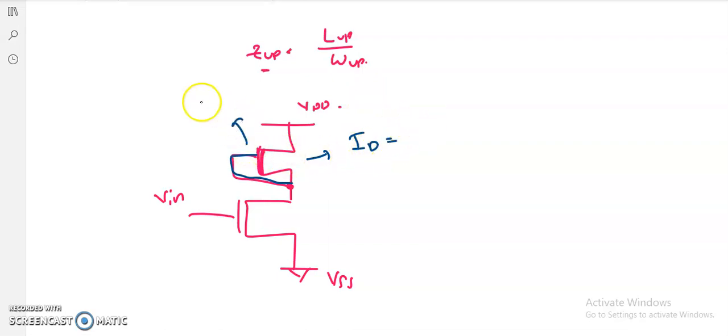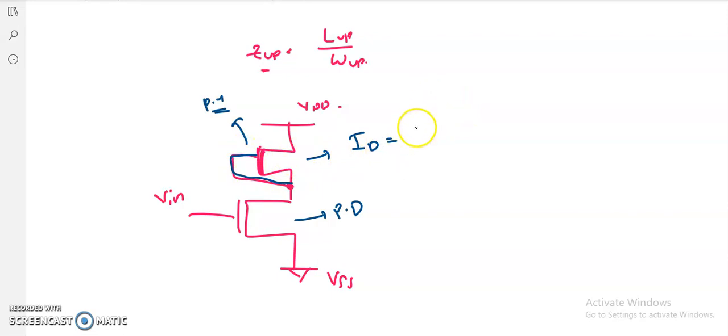So in this case, the depletion mode NMOSFET acts like a pull-up section, and this is the enhancement mode NMOSFET, which acts like a pull-down section. For this pull-up section, why is it in the saturation mode? Because the gate and source are short circuited, so it is continuously in the on state.